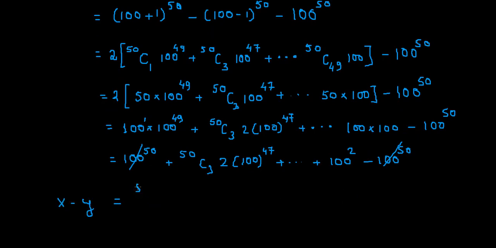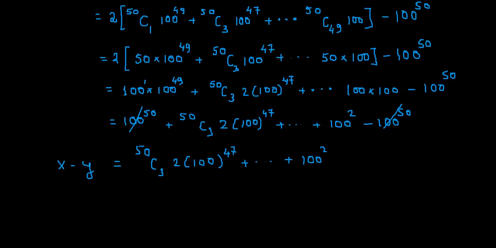So we have 50c3 times 2 times 10 raised to the power of 47 plus, the last term will be 100 squared. Now you can see these are all positive terms.